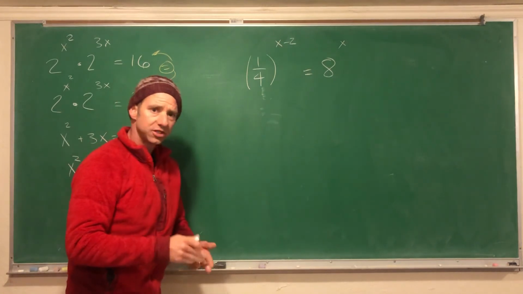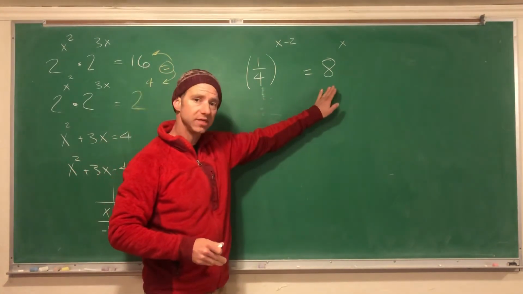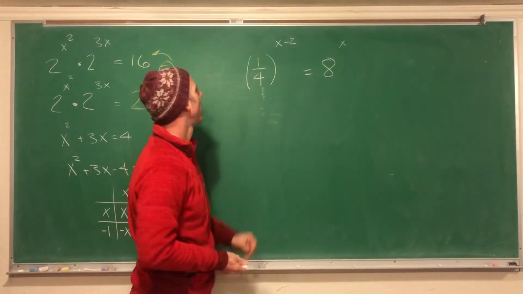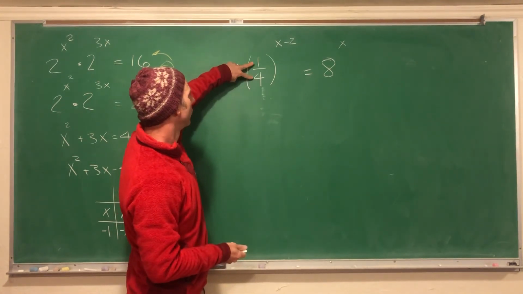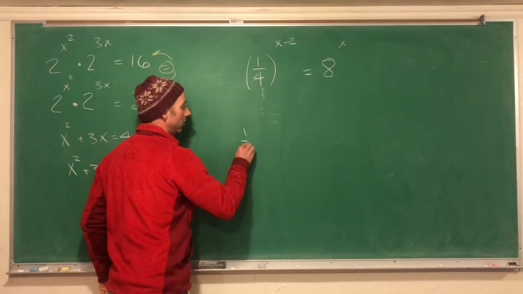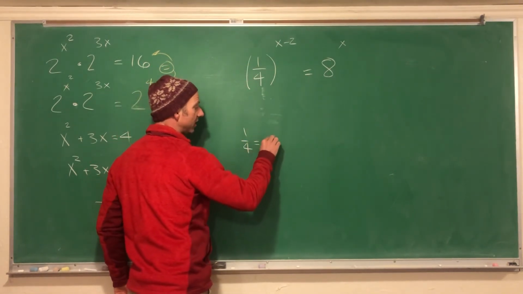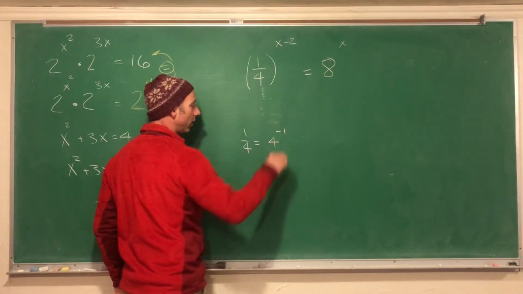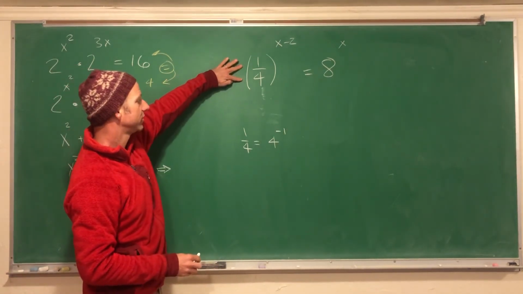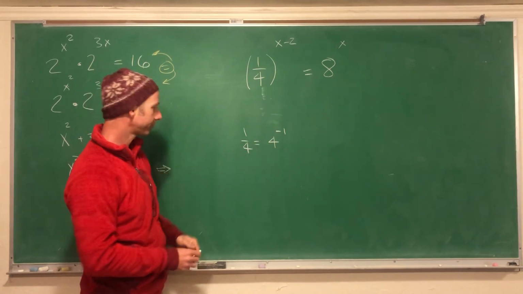Again, the strategy is the bases must be the same. If they're not the same, we do not have the math to solve these. So this is the trick: 1/4 is the same as 4 to the minus 1. I'm going to swap this out to 4 to the minus 1.